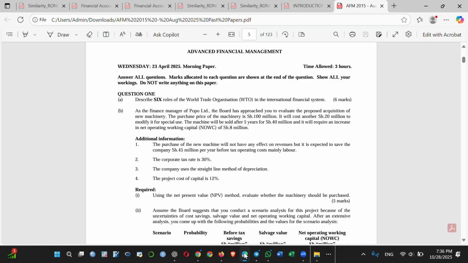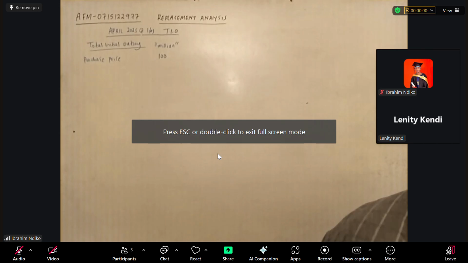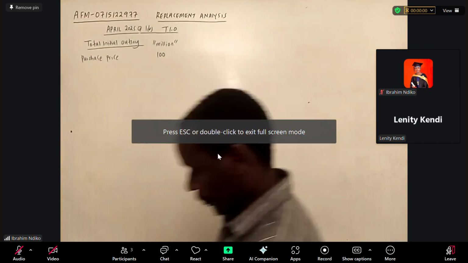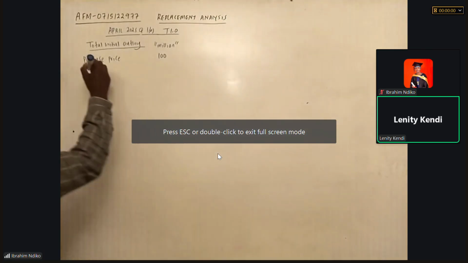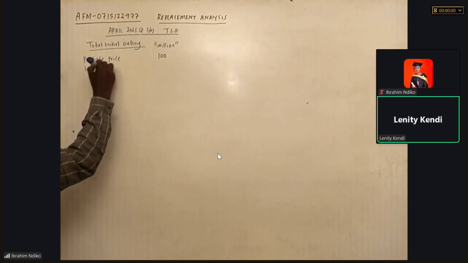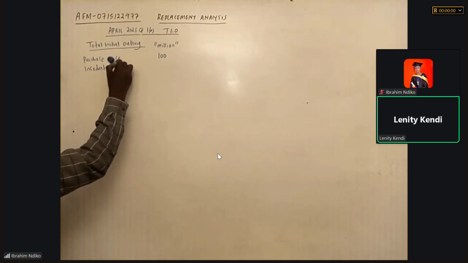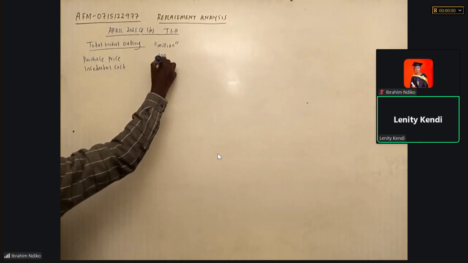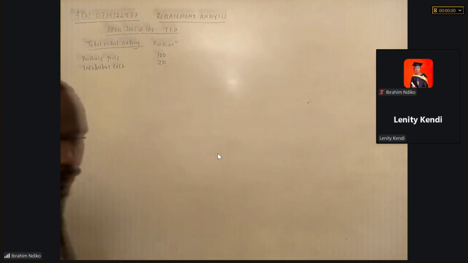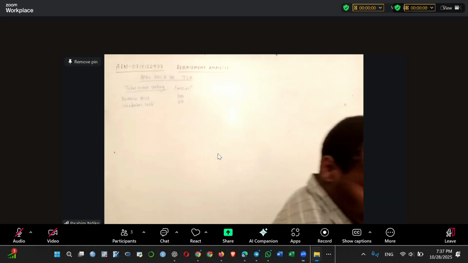And then it will cost another 20 million to modify. So that modification is what we call the incidental cost, 20 million.